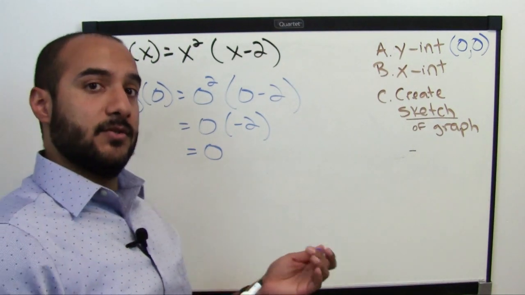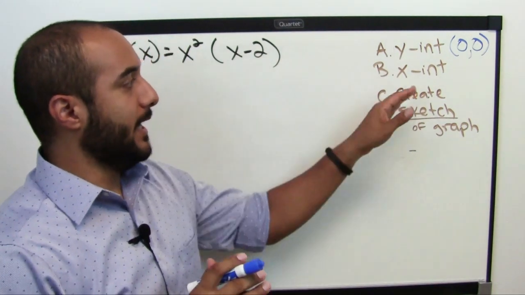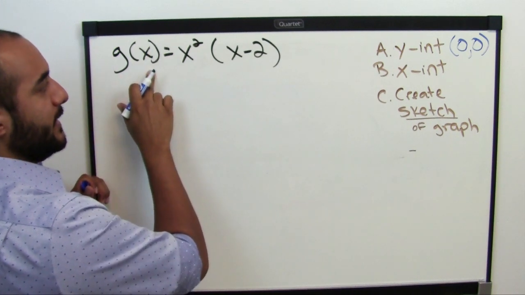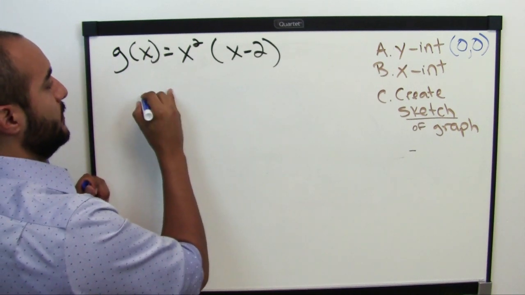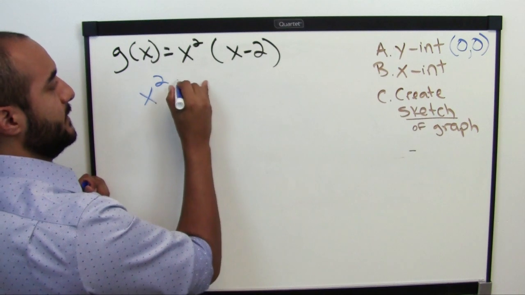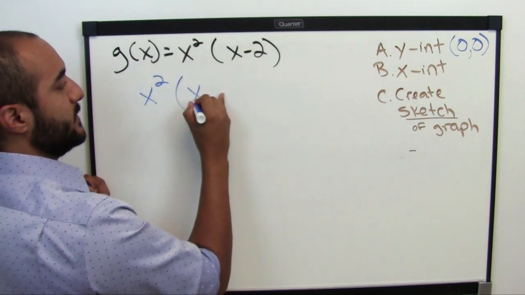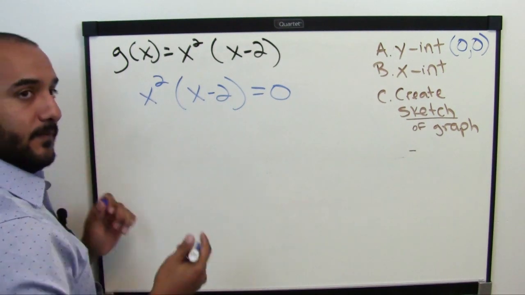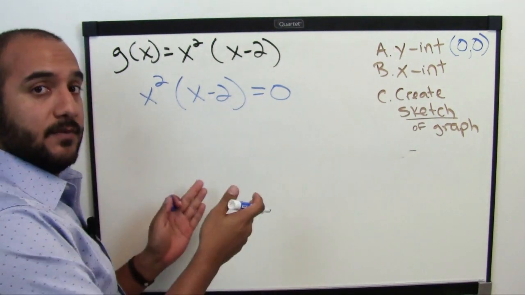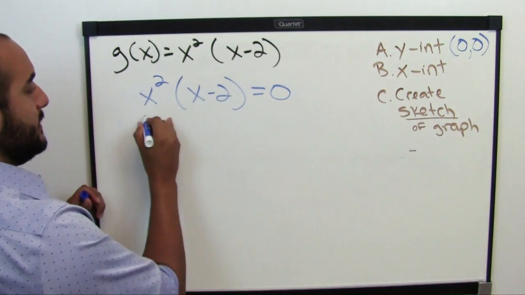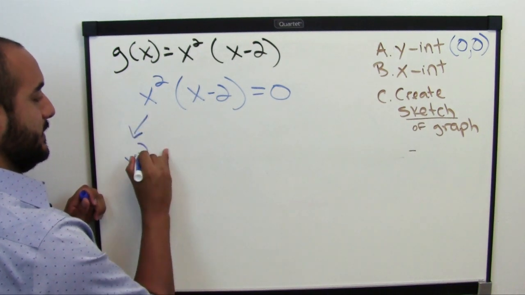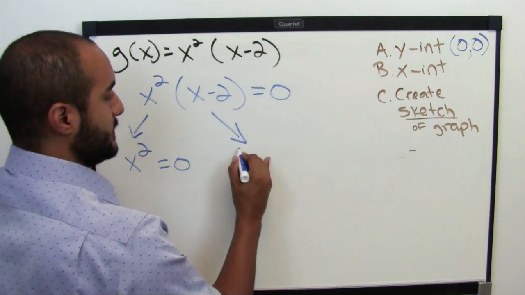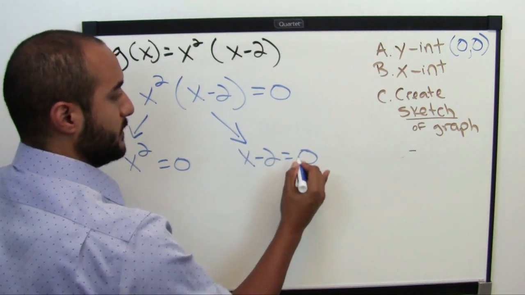Let's look for our x-intercepts. Our x-intercepts, well, that's when g of x is equal to 0. So we need x squared times x minus 2, when is that equal to 0? Well, once again, that's why I gave it to you factored, because either this is equal to 0 or this is equal to 0.